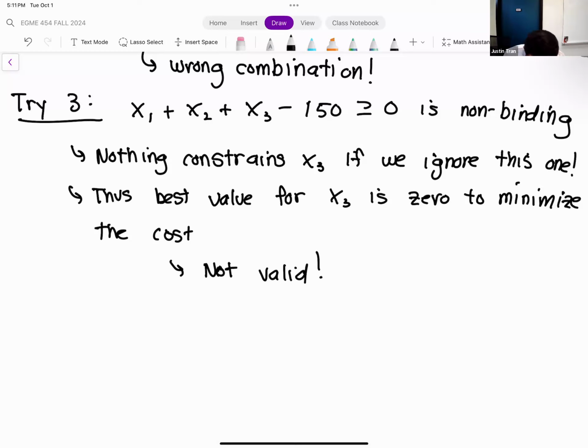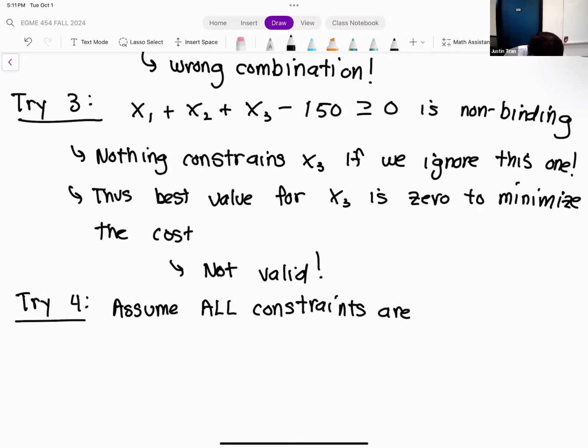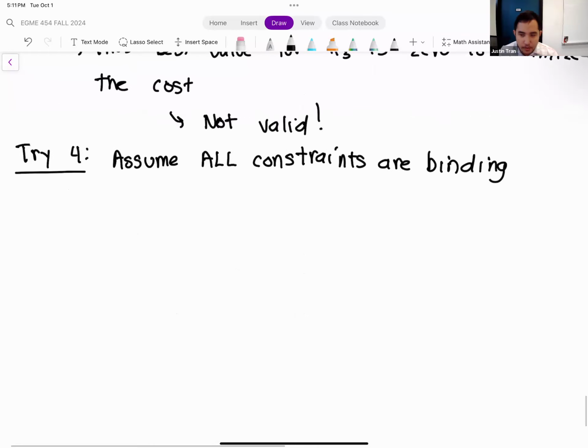So in try 4, let's assume that all 3 constraints are binding. This is a unique situation where we have three constraints.